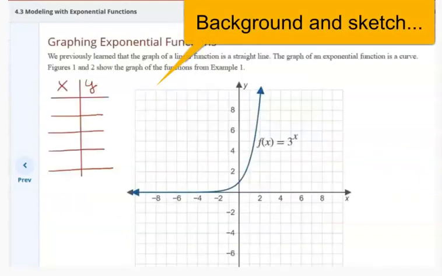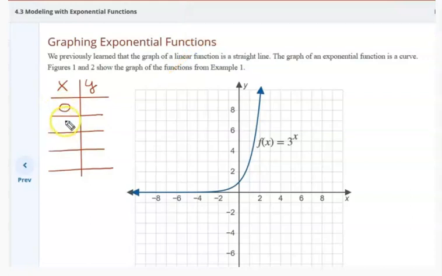Now, as we continue background information, I want you to sketch a little T-chart in your notebook, and we're going to put the values here. Well, first 0, then 1, 2, and then we'll put in there a -1.